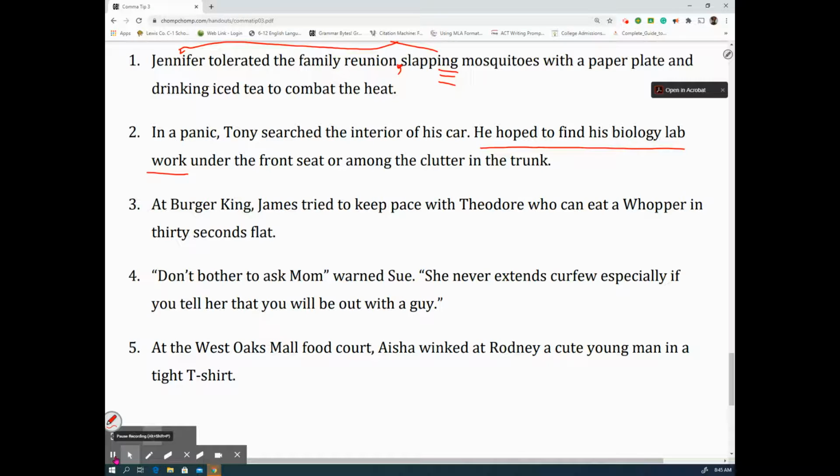Now then, they put this: under the front seat or among the clutter in the trunk. What types of phrases are these? Prepositional. That's what you said, right? Okay. So I've got under, I've got among, and these are prepositional phrases.